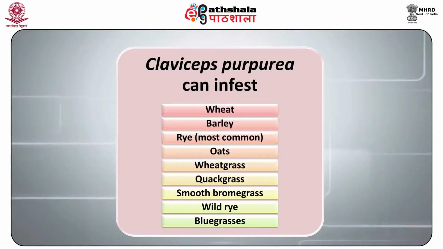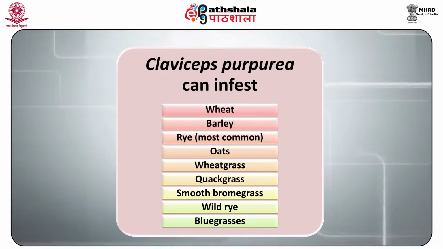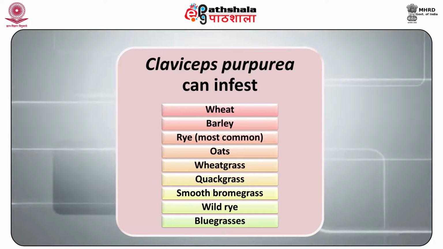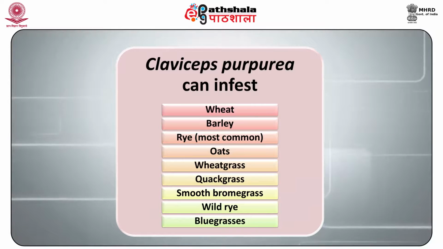The hyphae penetrate deep into the grain and harden into a purplish structure called sclerotia, which contains a number of the ergot alkaloids. During wet seasons, Claviceps purpurea can infest wheat, barley, rye, which is the most common, oats, wheatgrass, quackgrass, smooth brome grass, wild rye and blue grasses.